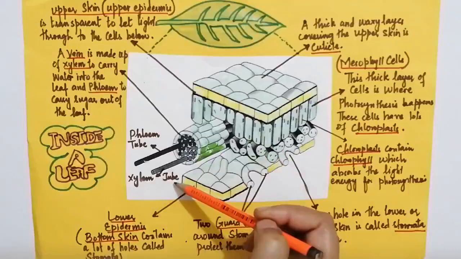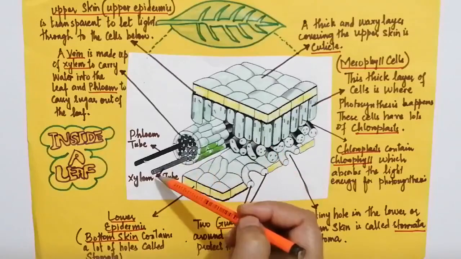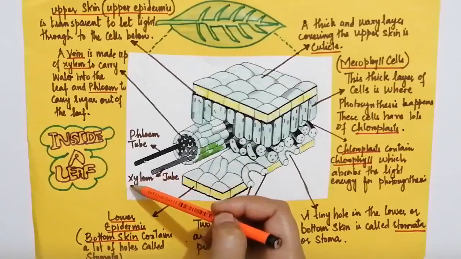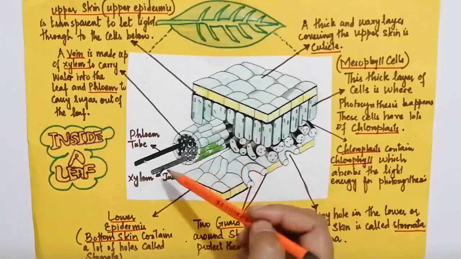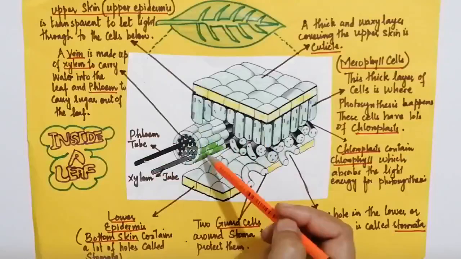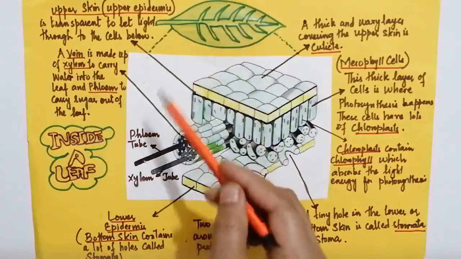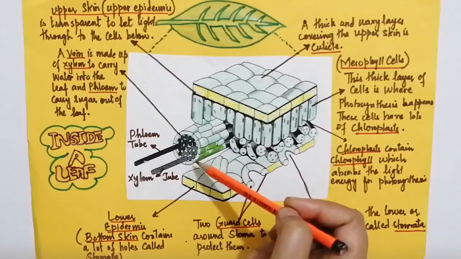While the xylem tubes, here you can see one xylem tube, are actually transporting water from the roots to various parts, especially leaves, during the process of photosynthesis. So in this way, the structure of vascular bundle that is present in the vein or the branches of leaf is also very important for photosynthesis.